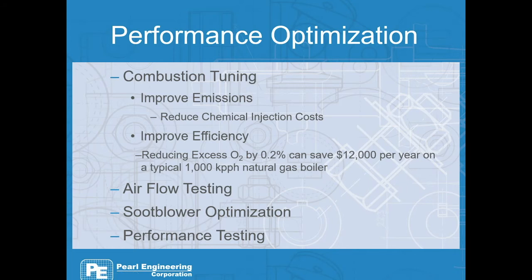Airflow testing. It's important that airflow testing is done every 5 years or so to ensure that your combustion air matches what your DCS or your PLC reads. Whether you have pitot tubes or airfoils, your measurement is just based on a DP.